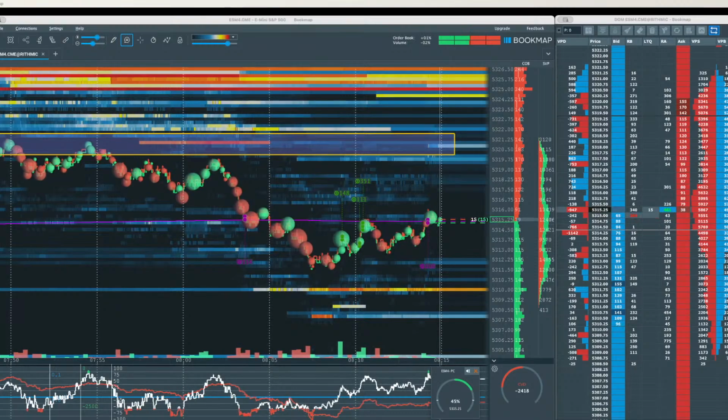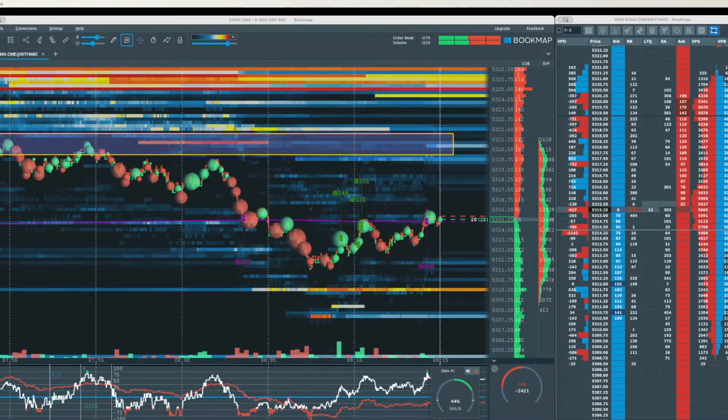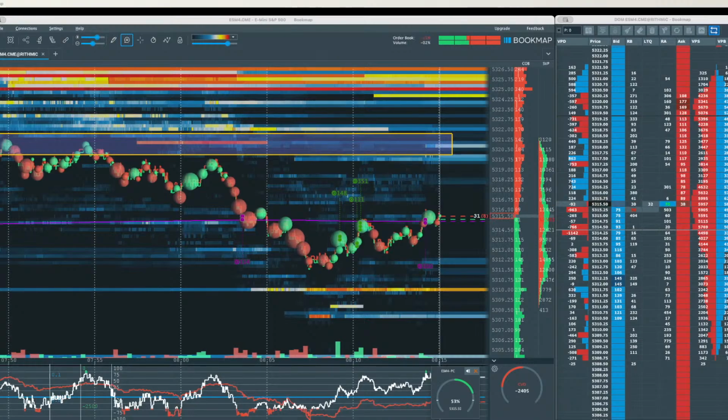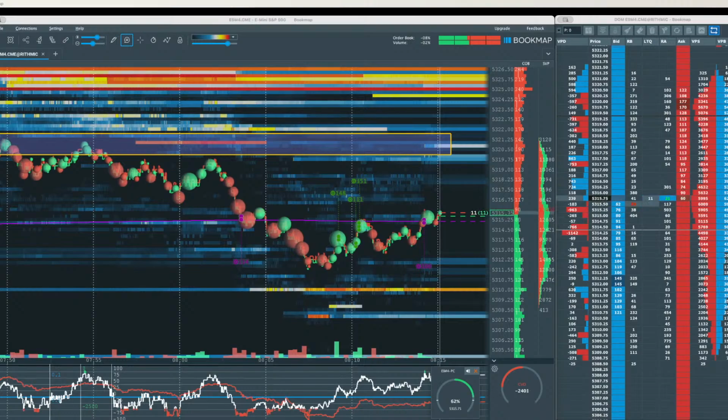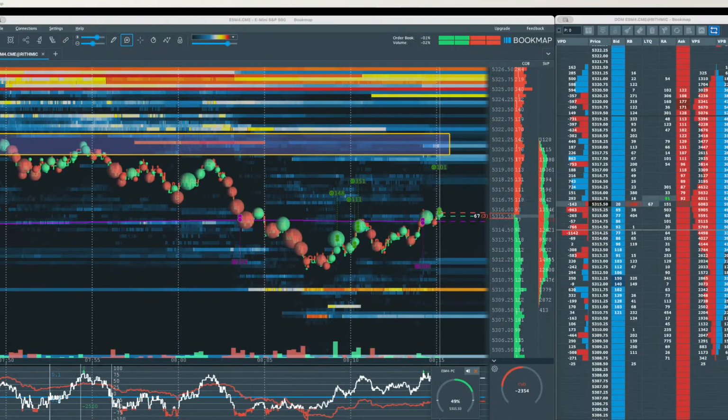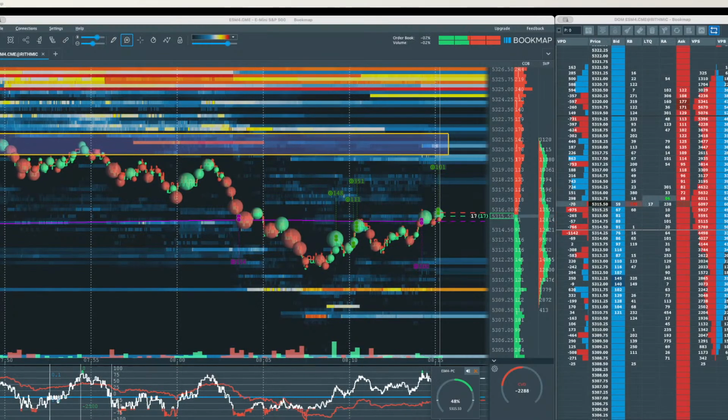Not like a normal move by any means. We're really still ranging. I'll probably just take a small win here. Sweep ESM for CME buyers at 53.16. I moved up my stop loss to right around 53.1650.